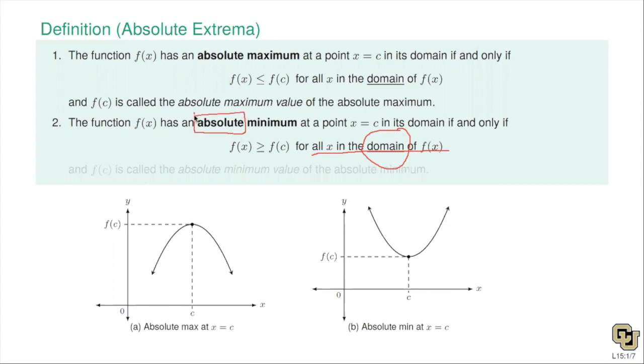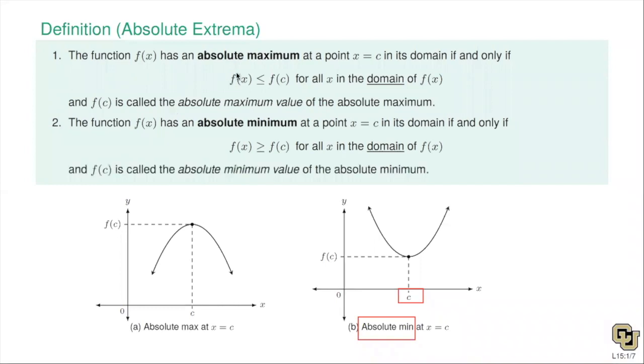It's like an absolute ruler, it's absolutely the smallest of all the range values in the entire domain. And again, we distinguish between the x value where this minimum is happening. So the x value is called the absolute minimum, and the corresponding output, the y value, is called the absolute minimum value.